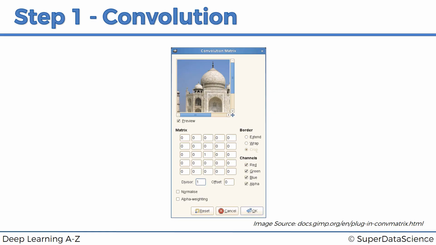And here they have a picture of the Taj Mahal, and you can choose which filter you want to apply. So if you download this program and upload a photo into it, you can actually start a convolution matrix and apply filters, and you will see that these convolution matrices are actually applied in image processing and design and so on. So let's have a look at what we get.